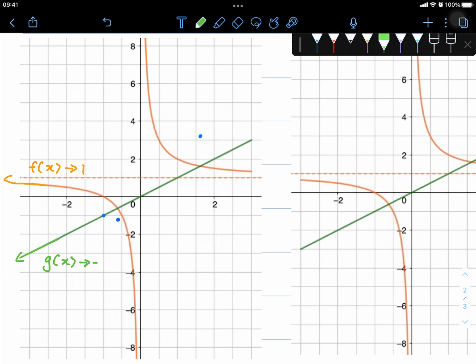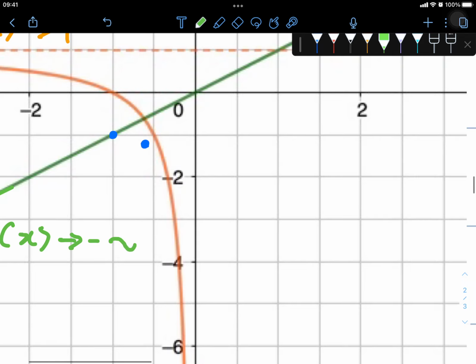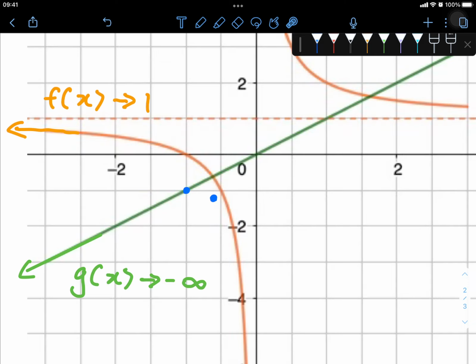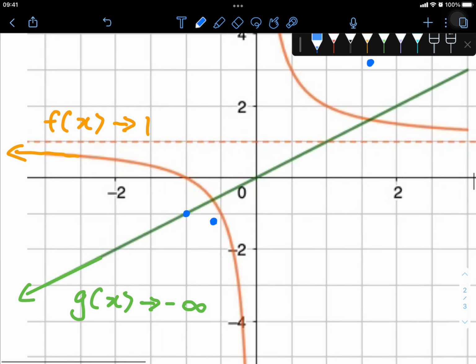So it's impossible, because remember, it has to be that 1 is equal to negative 1 for there to be an intercept. But since f is approaching 1 and g is approaching negative infinity, it's never going to be equal to negative f. So f of a can never equal negative g of a. Okay, so we're not going to find any intercepts at this point.